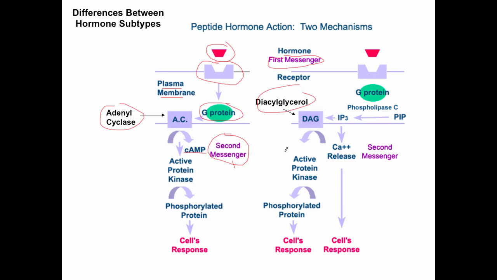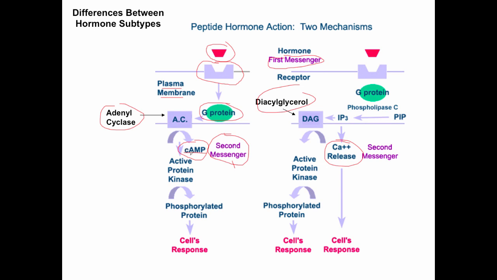So two possible second messenger systems include a substance called cyclic AMP, and another possible second messenger is basically calcium, so a rise in calcium. When cyclic AMP is produced as a result of hormone binding to a receptor, the levels of cyclic AMP go up, right?